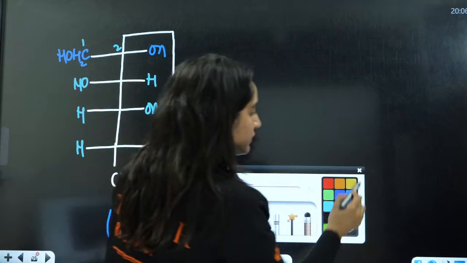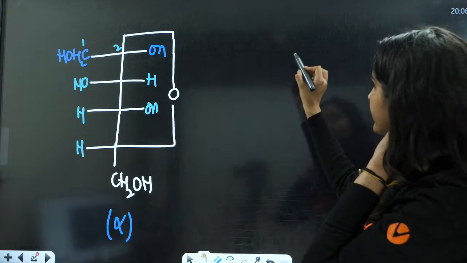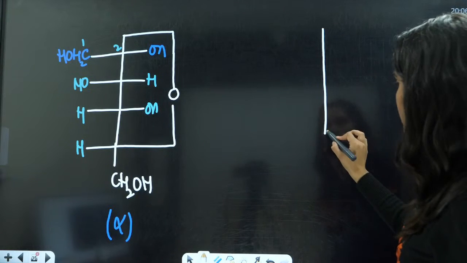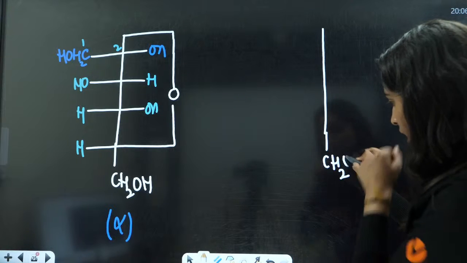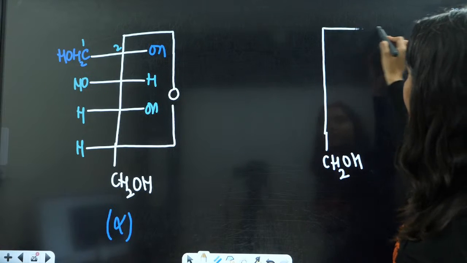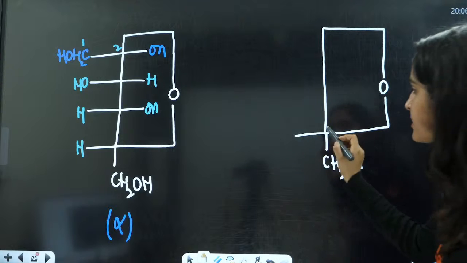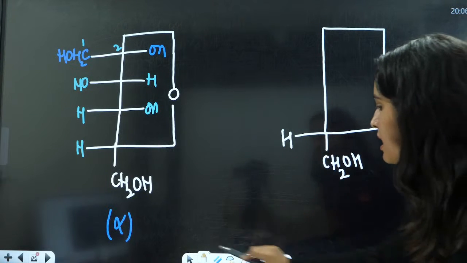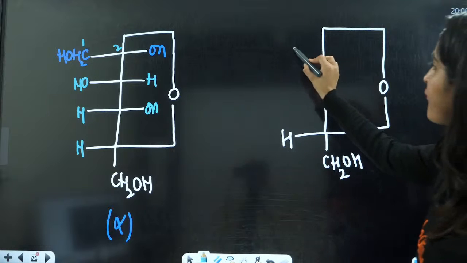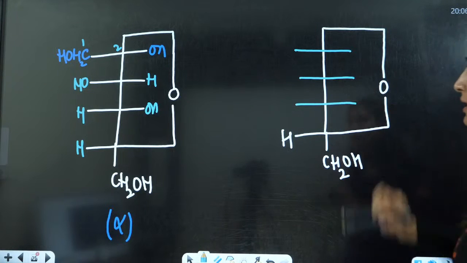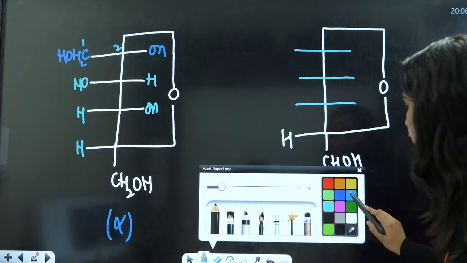Now if you want to write the beta fructose here, how will you write it? Draw the one chain here, write one line, CH2OH, primary. Oxygen is joined with this fifth carbon. This is the fifth carbon and hydrogen here. Now how am I going to do it here?